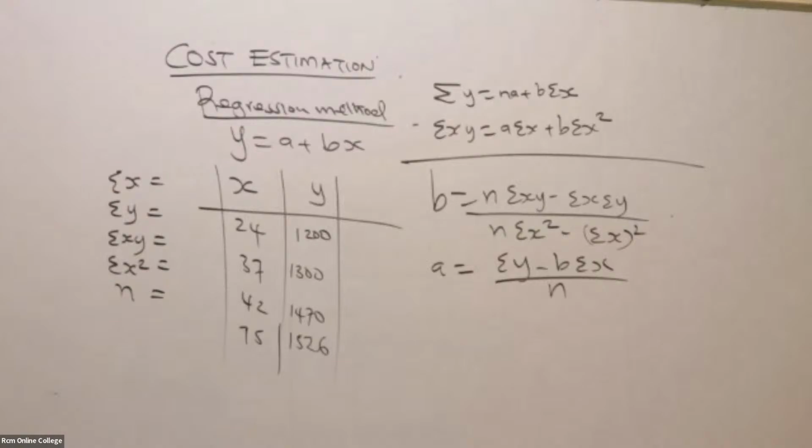So we have X as 24, 37, 42, 75. Then Y we have 1200, 1300, 1470, and of course 1526.